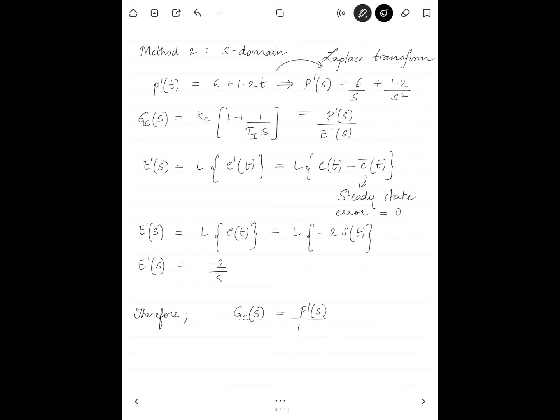So we have Gc of S equals P of S over E of S, and therefore we have Kc plus Kc over tau I S equals 6 over S plus 1.2 over S squared, completely over 2 minus 2 over S. So now we can just simplify this a little bit more, send the minus 2 over S term from the RHS over to the LHS, and that will give us Kc times 1 plus 1 over tau I S times minus 2 over S equals 6 over S plus 1.2 over S squared.